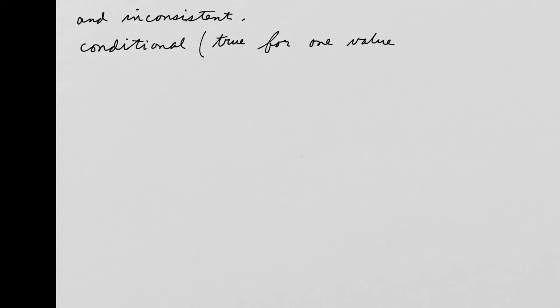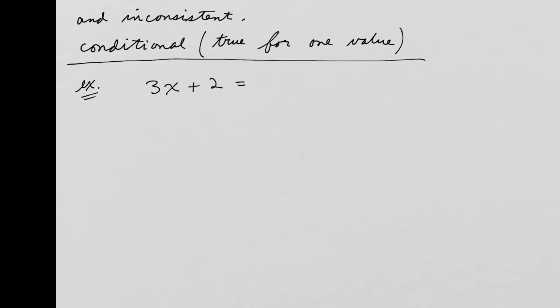And this is the typical case: we have a conditional linear equation in one variable. So for example, let's say I have this equation 3x plus 2 equals 8. Well, I can solve this for x, and I'm going to get one single answer.